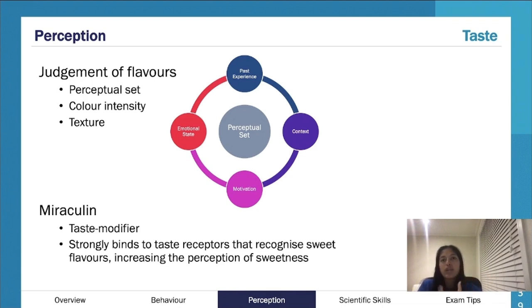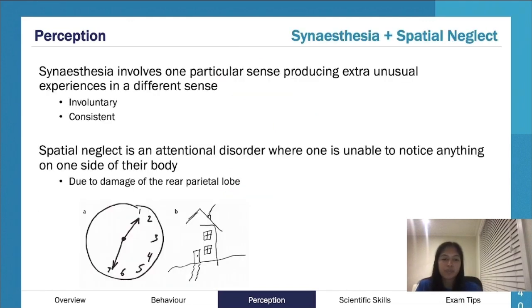So then when you eat something, those receptors are pinging like crazy, and that's why everything tastes sweet, because those sweet receptors towards the front of your tongue have just been really enhanced. That's why these little miracle berries can make yucky things taste sweet. Yeah, I'm sure you guys have had them before.